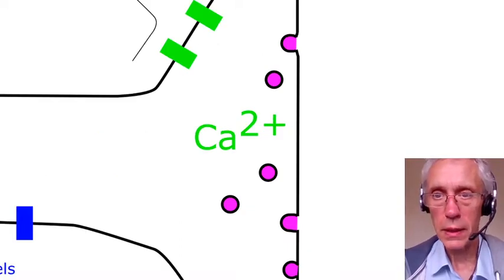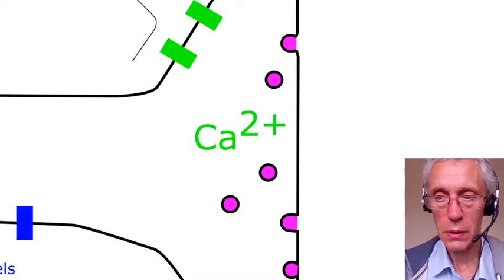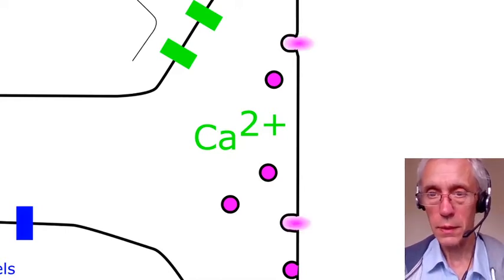And this means that now the inside of the vesicles is continuous with the outside of the cell, and so the neurotransmitter is released and so diffuses out into the gap between the presynaptic and the postsynaptic cell.